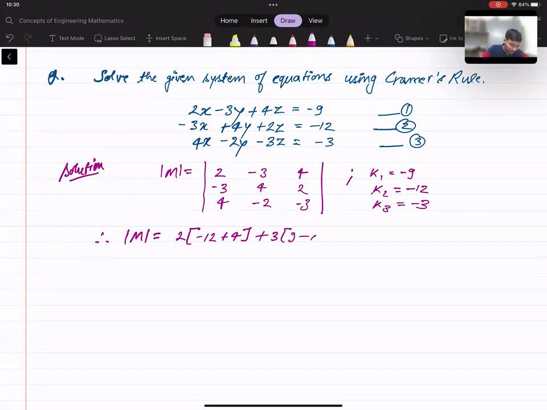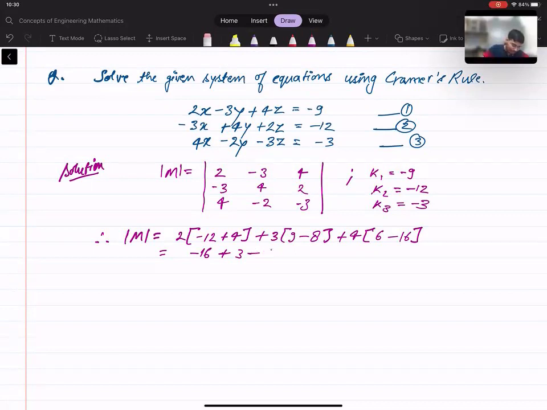So minus 8, and this will be plus 4. Again this will become plus 6 minus 16. Okay. So from here we get minus 8 into 2, that is minus 16, and this will be 3 only because 9 minus 8 is 1 and 1 into 3 is 3, and this will be minus 10 into 4, so minus 40.